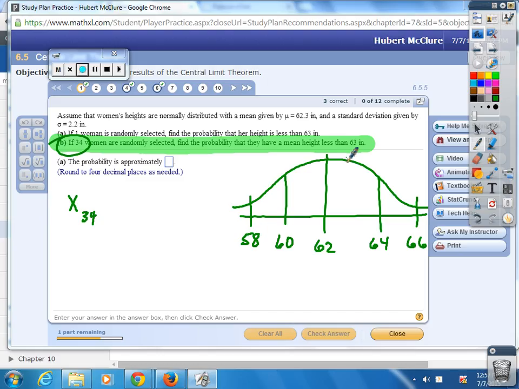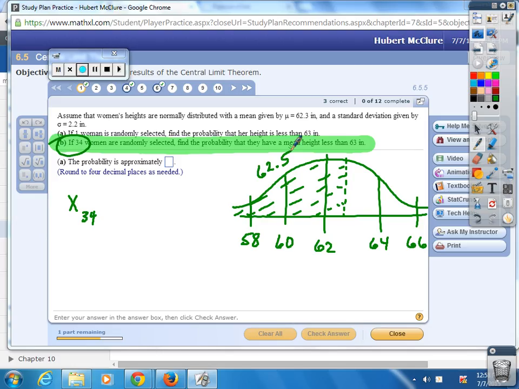And that's what we found, and that came out to be 62.5%. So I would bet on that, because that's almost 63% that you're going to pull a woman's name out that is less than 63 inches. Okay? That's that part.